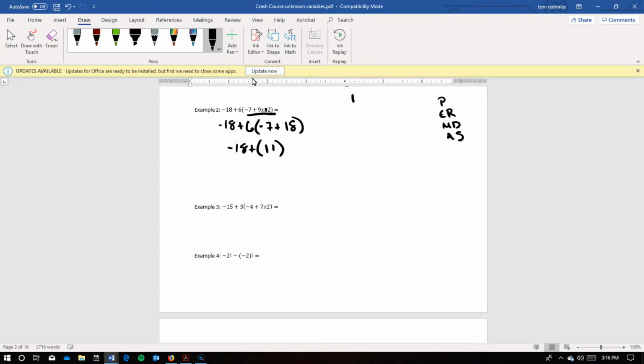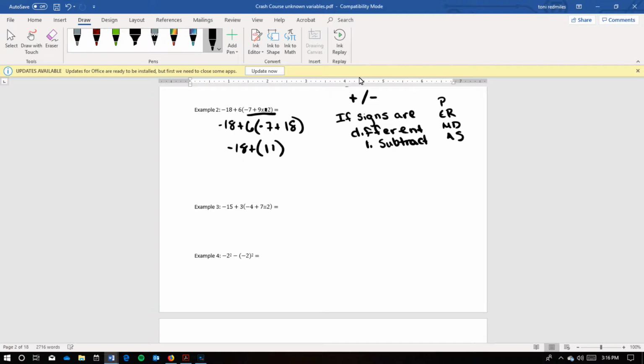So let's talk about our rules for adding and subtracting signed numbers. Okay, if the signs are different, like in this case, I have a -7 and a positive 18. So my signs are different. What I do is, step 1, subtract, which is what I did.